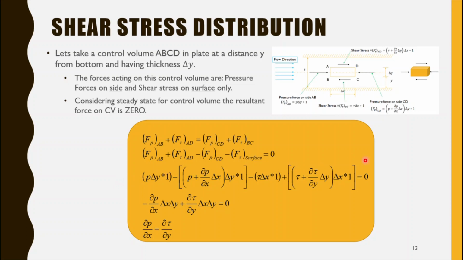When we expand this, finally we get del P by del x is equal to del tau by del y. We will simplify this further after finding some other things first. Now this is not the solution yet, but we will keep this as it is.